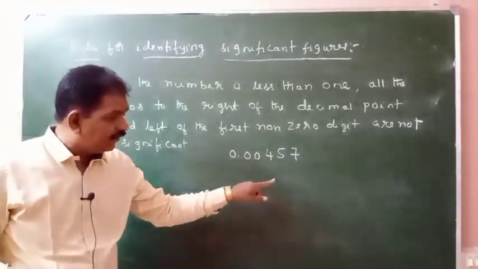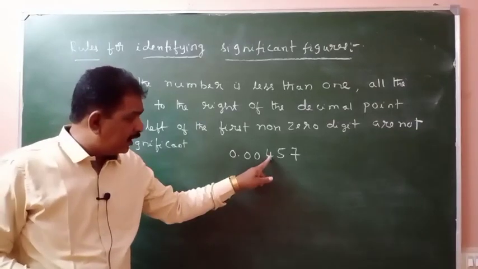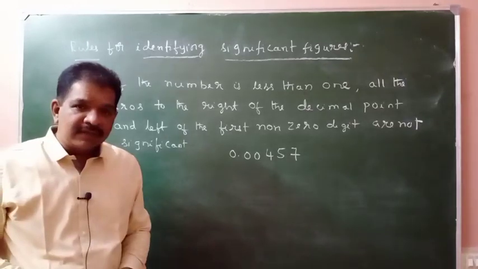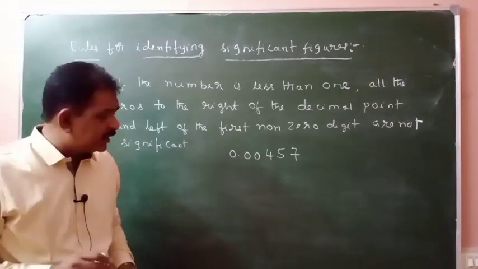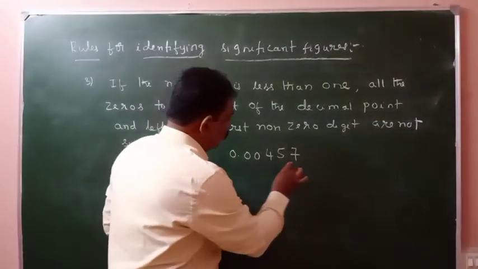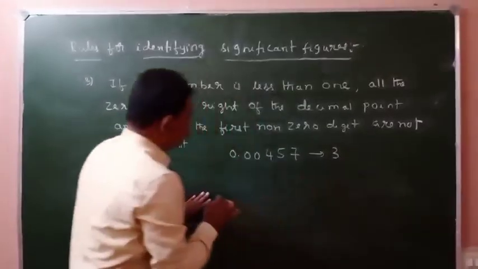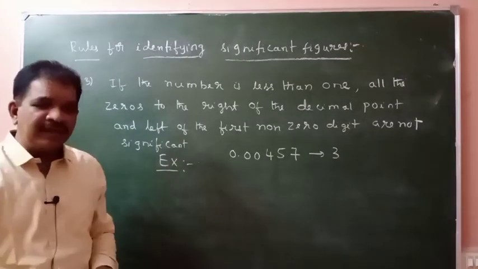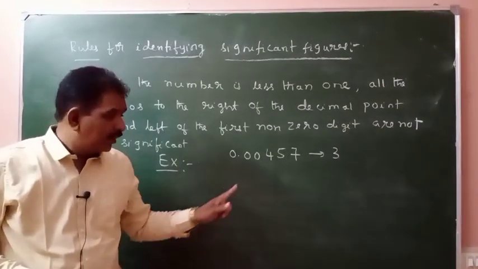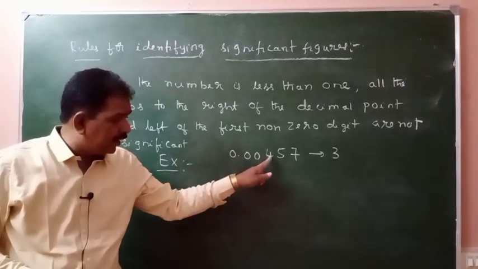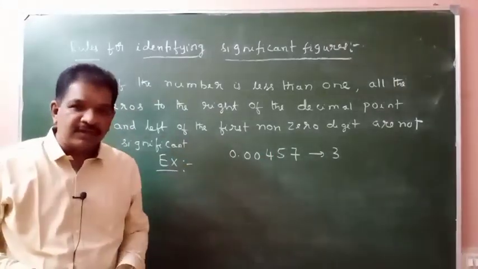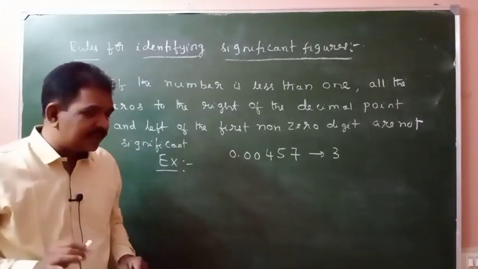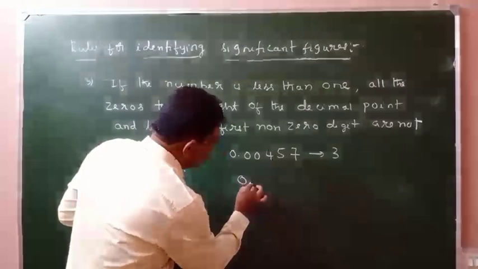So right of the decimal point and left of the first non-zero digit, those zeros are not significant. So these two are not significant, and this number will have 3 significant figures. Point is clear? Right of the decimal point, left of the first non-zero digit, those zeros are not significant.